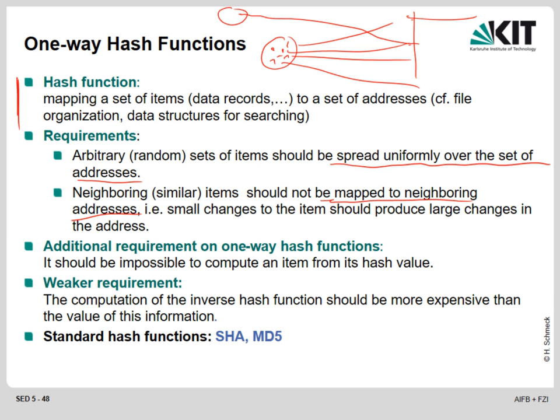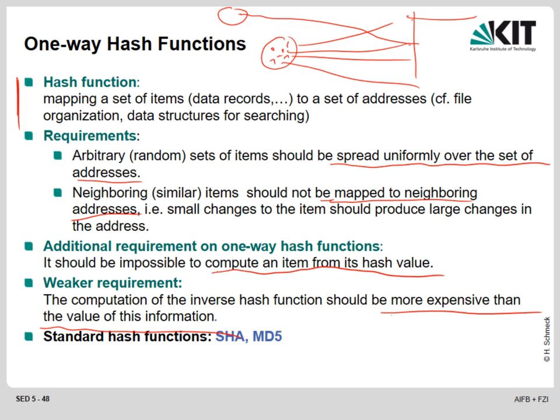So this is an important requirement. It should be impossible to compute an item from its hash value or to compute another document having the same hash value. A certainly weaker requirement would be that computing the inverse hash function should be more expensive than the value of this information, the typical requirement.